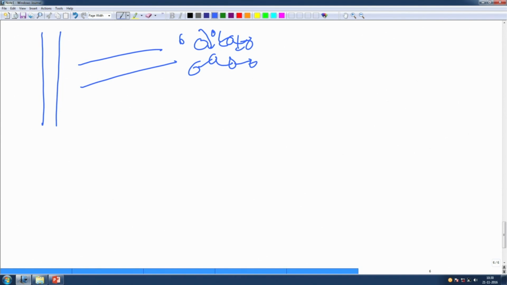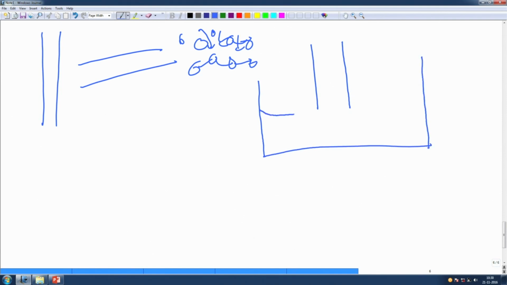So, let me draw the figure properly first. Something like this. There is a capillary tube basically. This may be a little exaggerated. This interface point is marked as A, the equivalent point is marked as B over here.